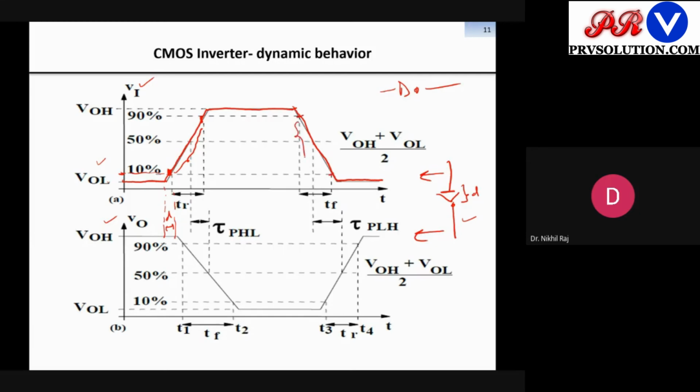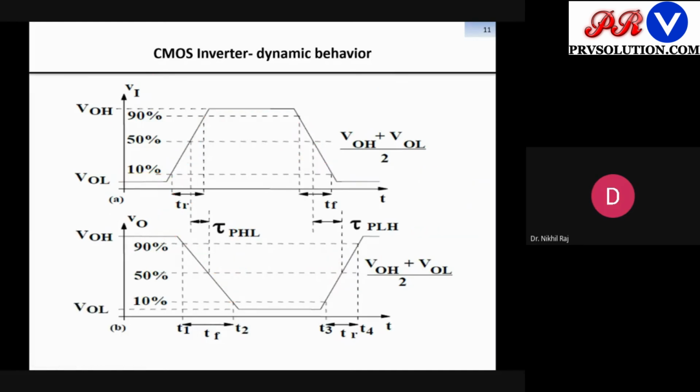So this complete portion will be your fall time. This is in the input curve. If I talk about the output, the same definition goes. In the output, it is coming from high to low, so 90 to 10 is your high to low. This is your fall time, and from 10 to 90 is your rise time. Okay. So this is rise time and fall time.